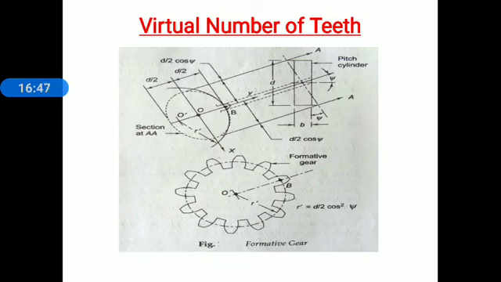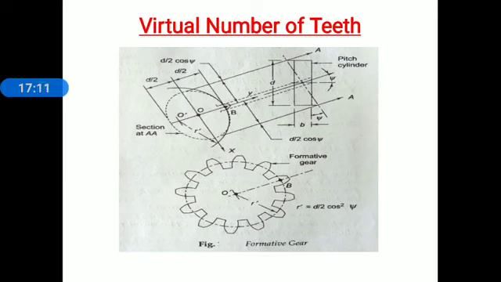Now observe the sketch. Everyone observe the sketch. See the pitch cylinder. The pitch cylinder of helical gear is cut by the plane AA, which is normal to the tooth element, that is perpendicular to the tooth element.